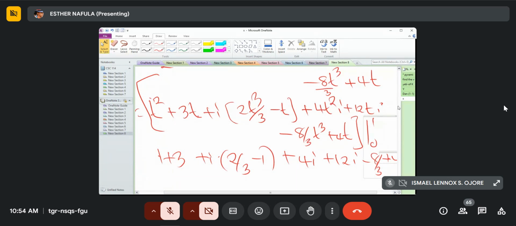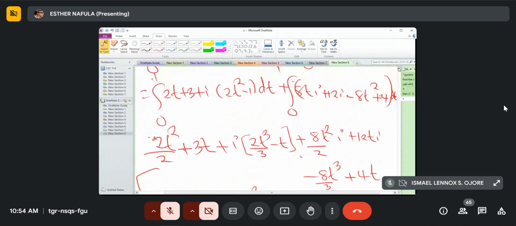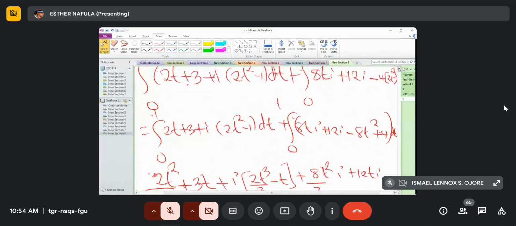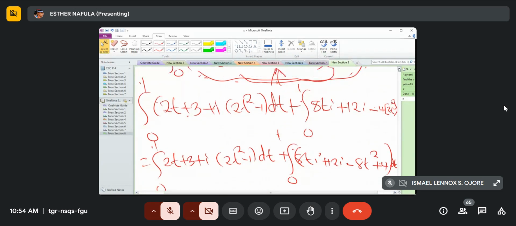Or are we leaving out anything? Are we having the correct thing? It was our dz.